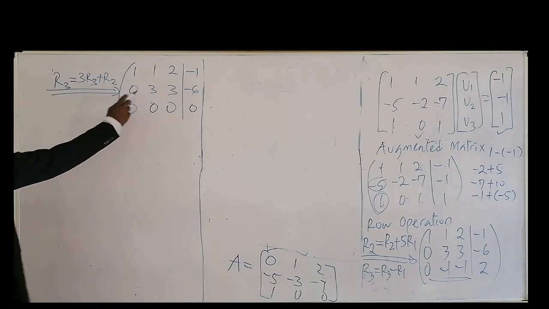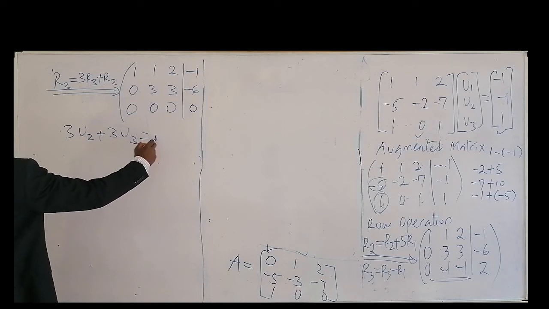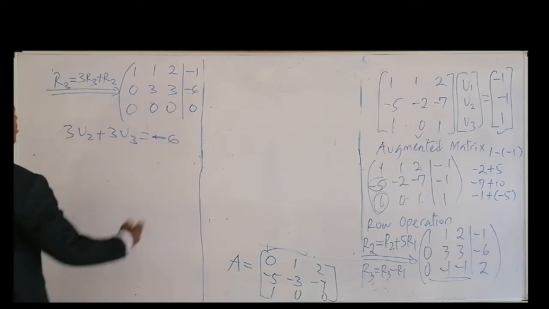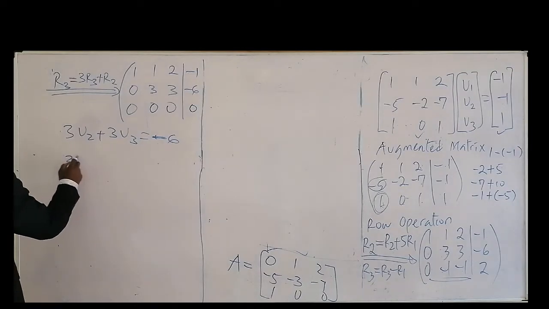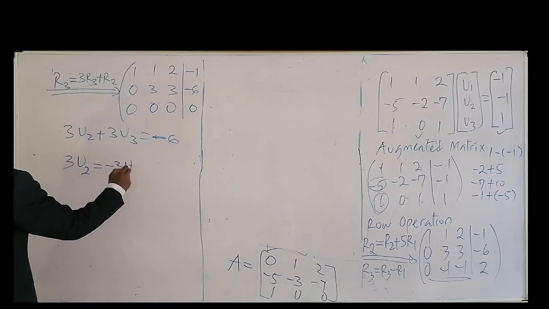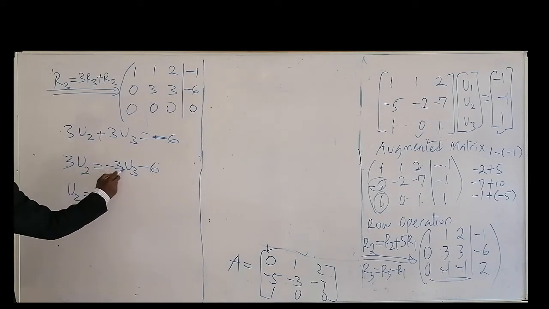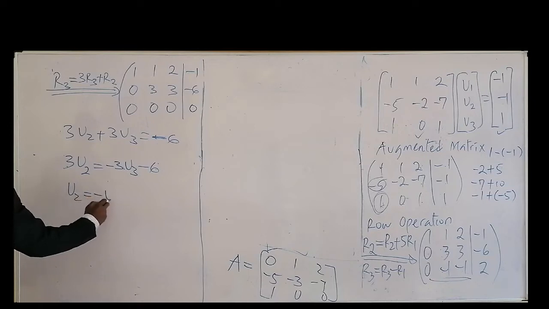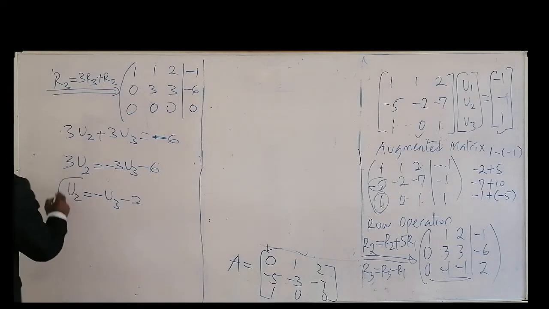If you want to do the second row operation, you can just pick either this one or this one to form your equation. So for the second row, we now have 3u2 plus 3u3 equal to minus 6. So 3u2 equal to minus 3u3 minus 6. Dividing by 3, u2 is equal to minus u3 minus 2. Just note that equation.